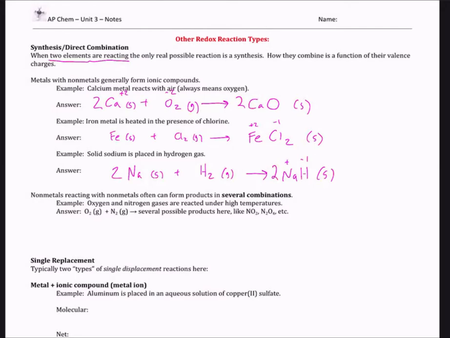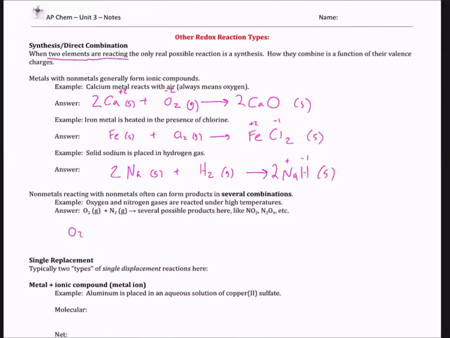If we said oxygen gas reacts with nitrogen gas, you could write many different possible products, and they would all be valid because they're all technically possible: NO, N2O, NO2, N2O3, N2O5, N2O4. So nothing would be wrong because of nitrogen's many charges.